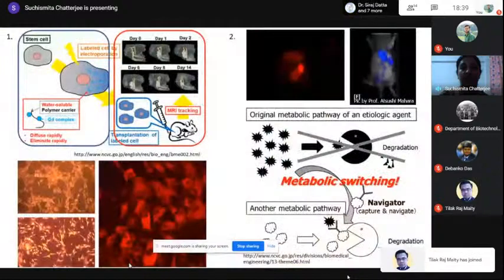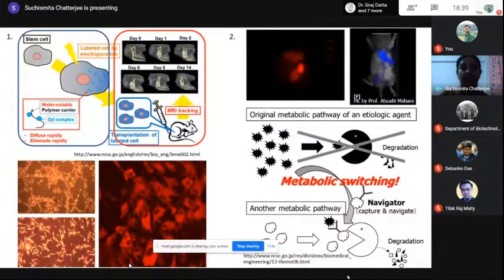In my research area, we are doing two kinds of study. One is the development of an MRI agent using some material for live cell imaging, and after that we apply it in an animal model and see how it works.